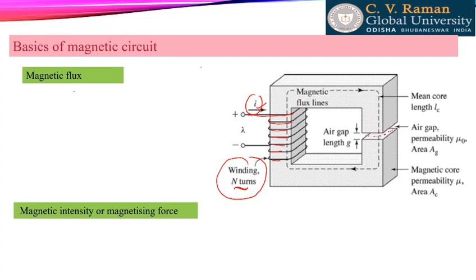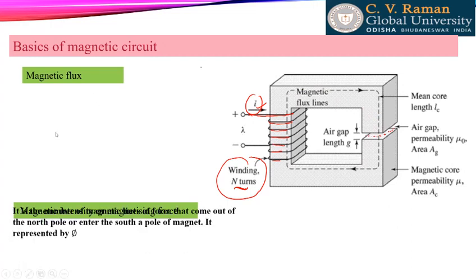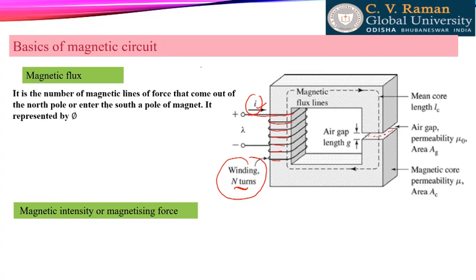Now what is magnetic flux? What is the meaning of magnetic flux? It is the number of magnetic lines of force that come out of the North Pole or enter at the South Pole of a magnet. So basically, if I take a magnet, I hope all of you have seen this experiment in your +2 career.